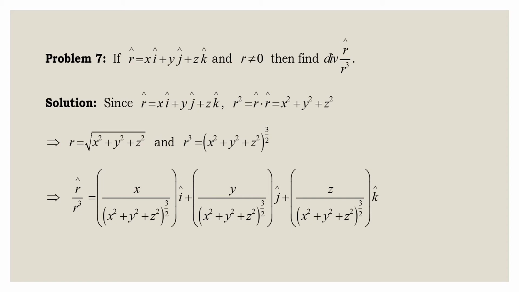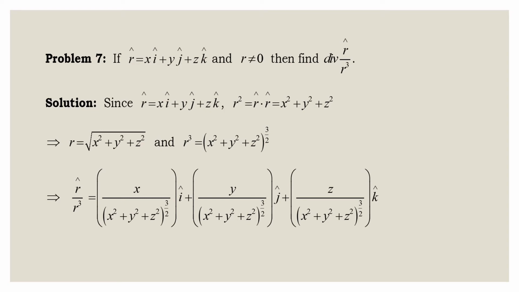Now we need to find r cube. r cube means the square root of x² plus y² plus z², whole cubed. It equals (x² plus y² plus z²) to the power of 3 by 2. So r cap upon r cube equals (x i cap plus y j cap plus z k cap) upon (x² plus y² plus z²) to the power 3 by 2.